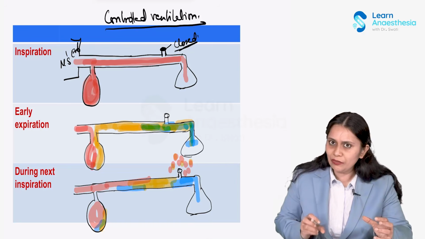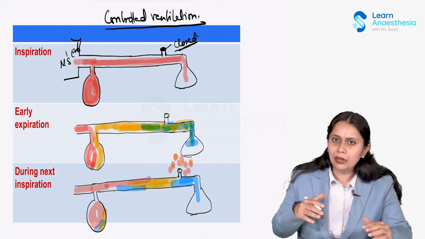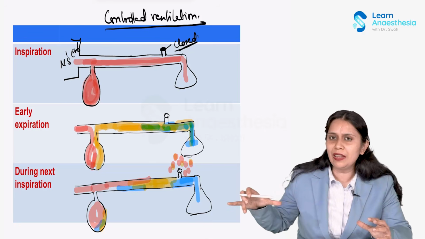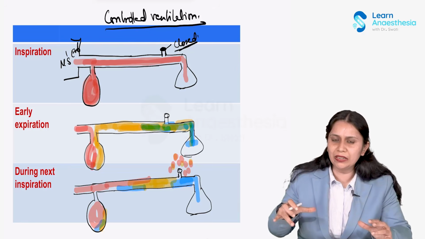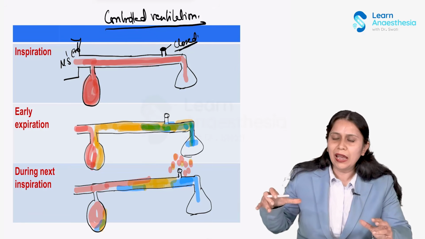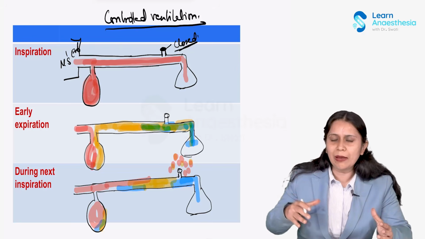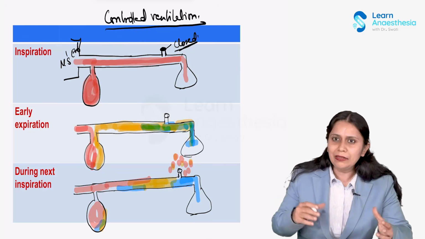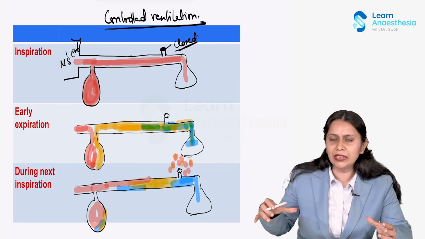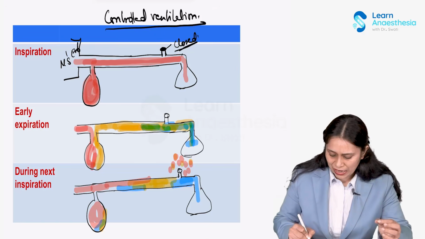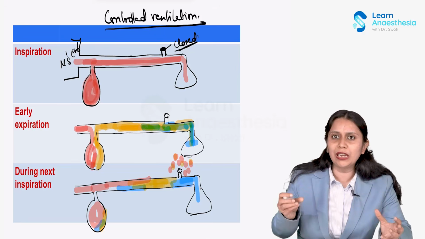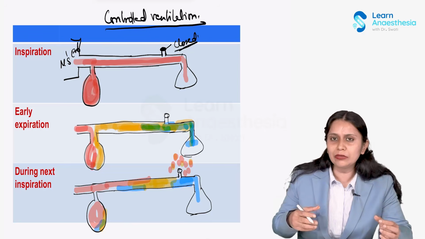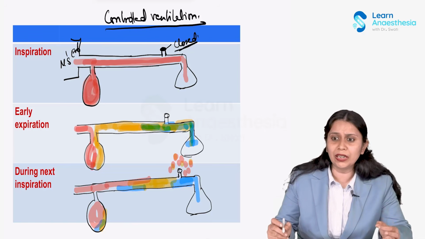So when we are squeezing for the next inspiration, what happens? The patient receives the alveolar gas, the expiratory gas, then the mixed gas. And as the expiration goes on, pressure is generated, the valve opens because of this high pressure, and the gas which is released into the atmosphere is the fresh gas. So utter wasting of the fresh gas is happening. Got my point in this circuit?